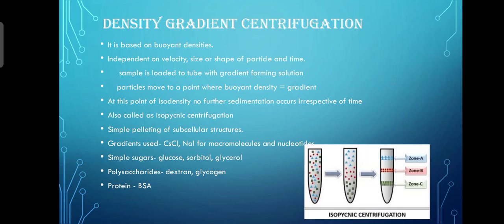Separation under centrifugal force depends upon the buoyant density of a particle. The gradient, apart from exerting its separating effect, eliminates mixing of separated components due to convection and mechanical vibration.